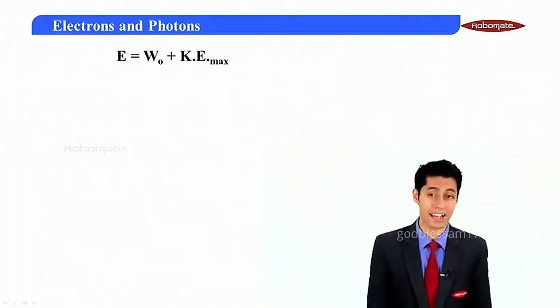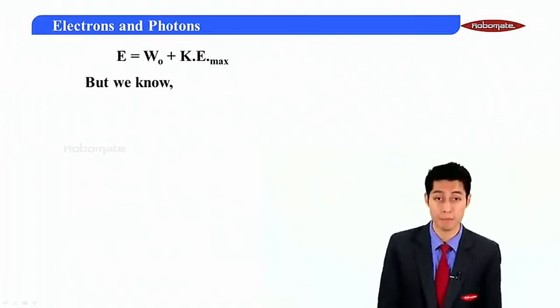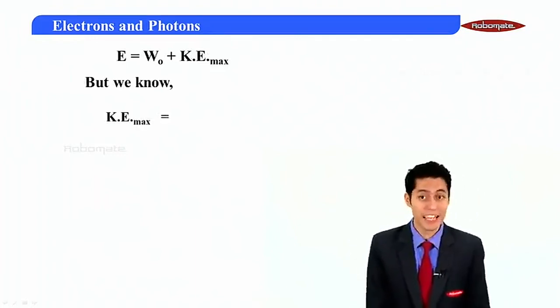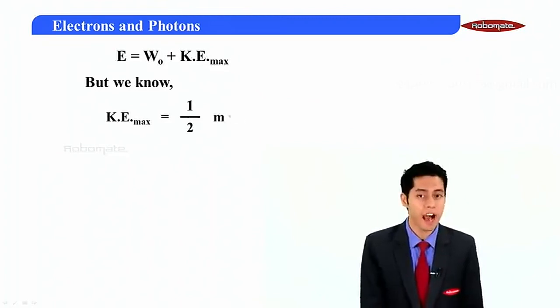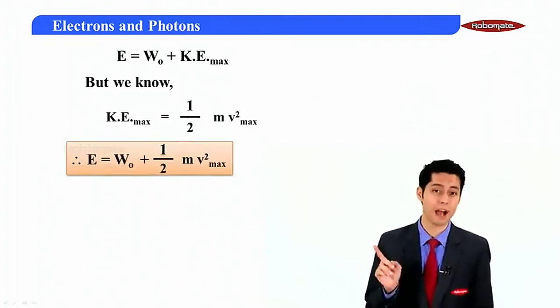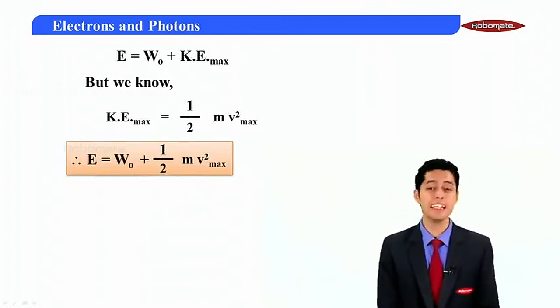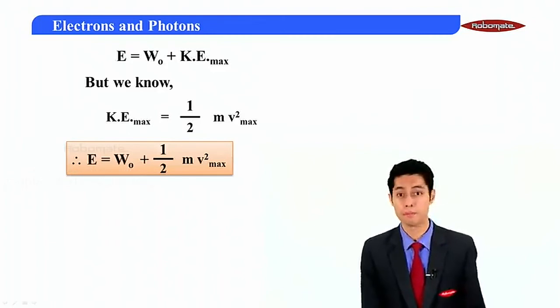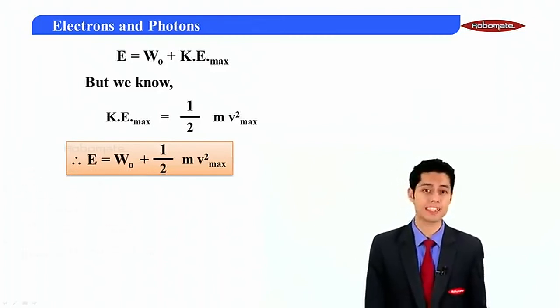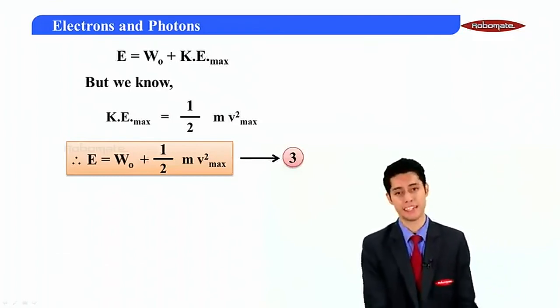I write down the parent equation once again, E equals W naught plus KE max, and I know that KE max is half m V max square. Substituting that, we get E equals W naught plus half m V max square, and I mark this as equation number 3.